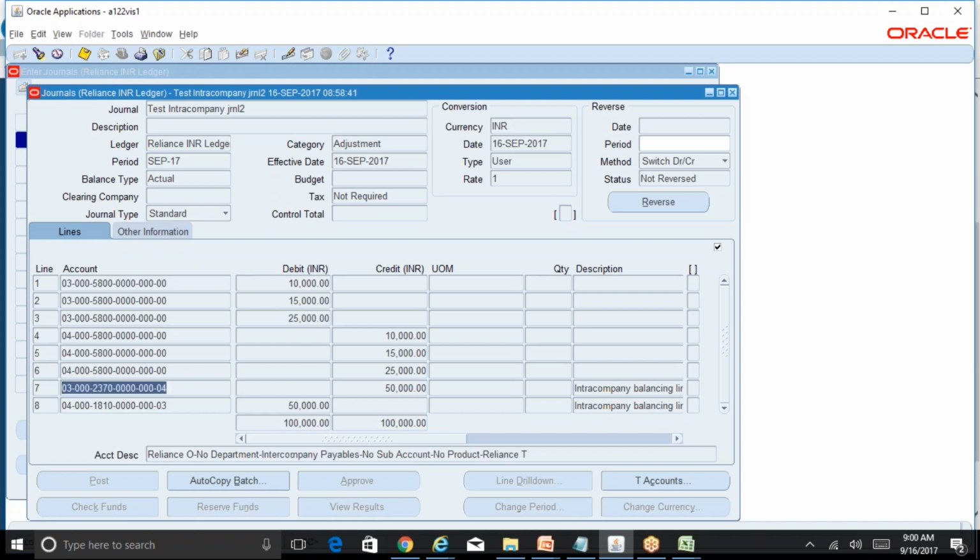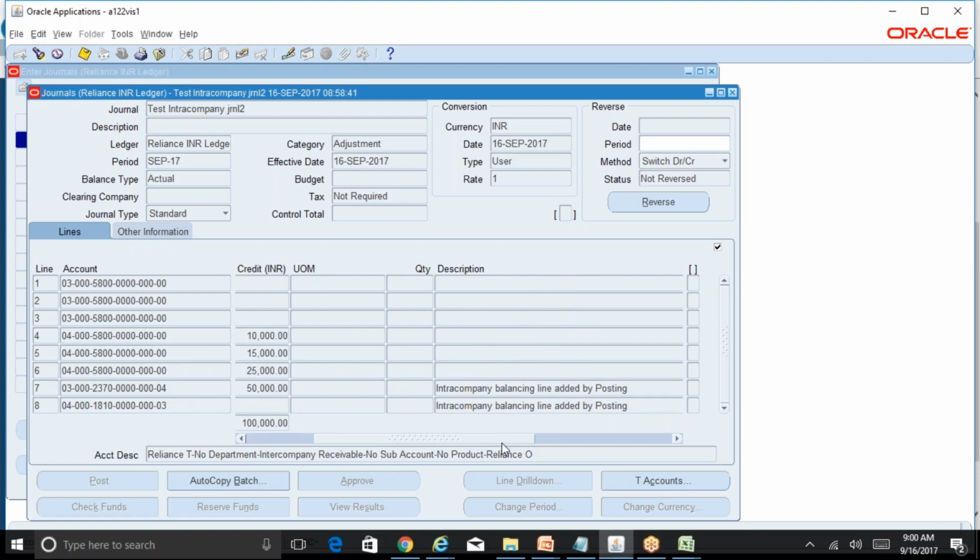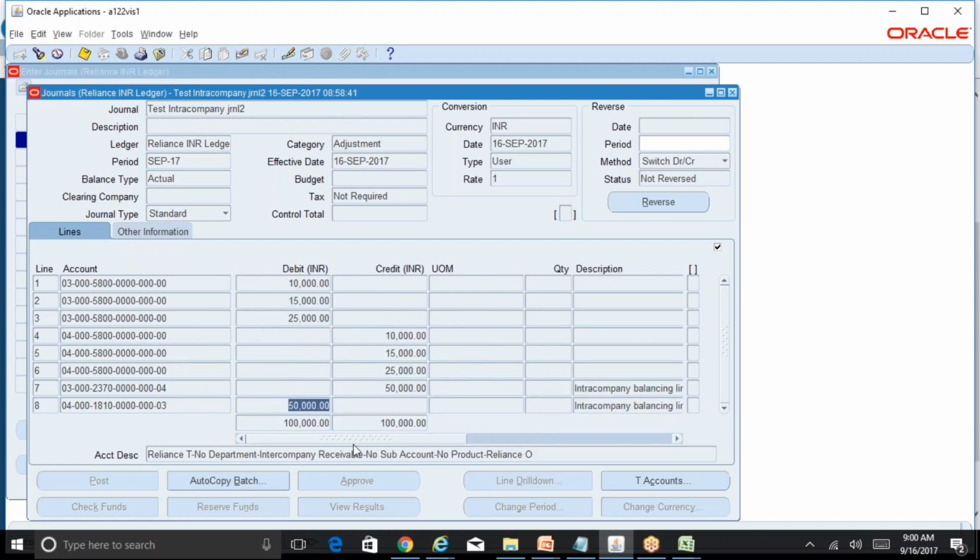So it has created the corresponding credit for 03 of 50,000. If you had selected detail mode there, it would have again created 3 credit lines of 10,000, 15,000, 25,000. But we do not want to do that. We just want to summarize. Similarly, for 04 there is a credit of 10,000, 15,000, and 25,000. As there is a debit missing, the system has created 04 with a debit of 50,000, and here you can see the description as intra-company balancing line added by the posting program.